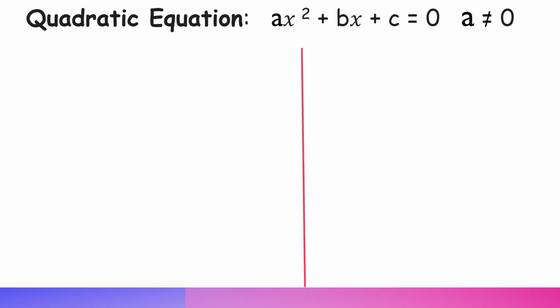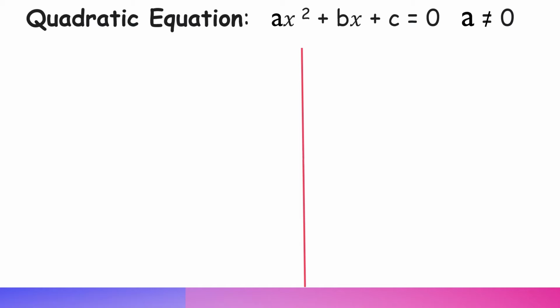So what happens when a is 0? That tells you that the first term, ax squared, becomes 0, and then you're now left with bx plus c, and that becomes a linear term. So the condition for which our formula or algebraic expression must be a quadratic equation is when a is not equals to 0.